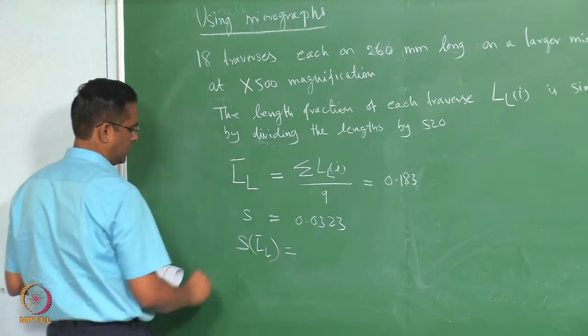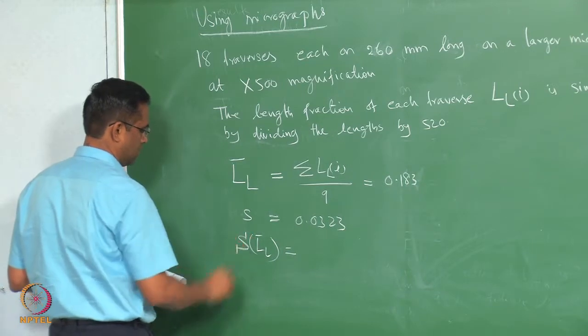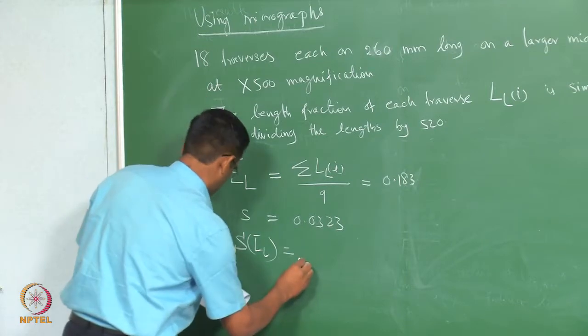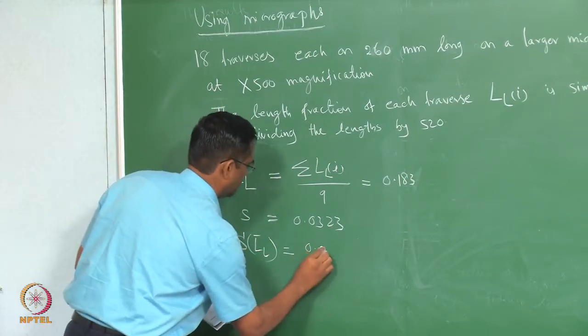So this is small s and this is capital S, just to differentiate the error and the standard deviation.